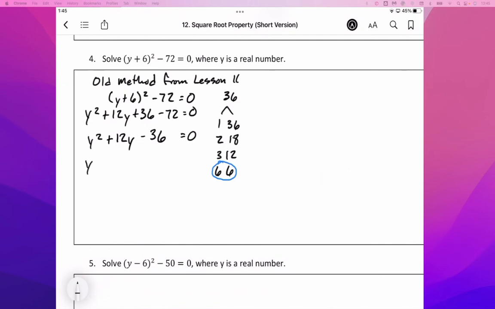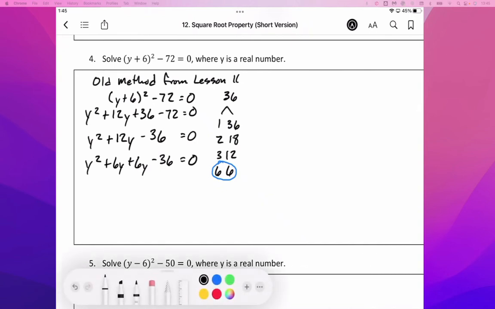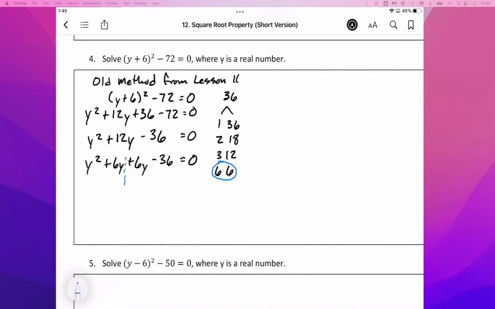So we will split that to be y squared plus 6y. I need 2 plus 6y's because I need to get a positive 12. And then we can do our da-da-da and get y, factor out a y on the left and get y plus 6.